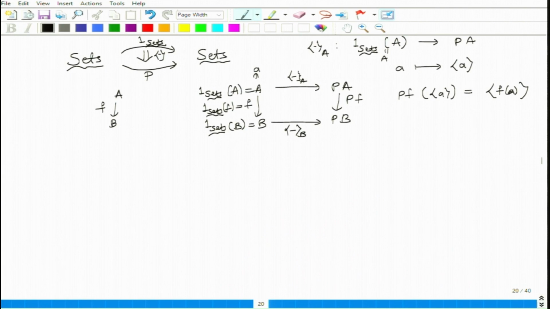Okay, if you understood this, then I am going to give you one more example, which probably most of you won't know, but anyway I have to say this.